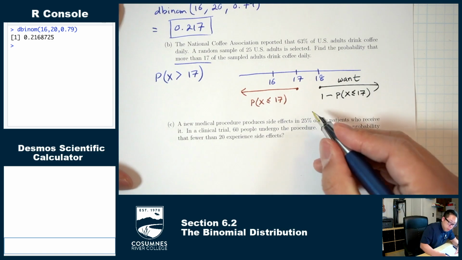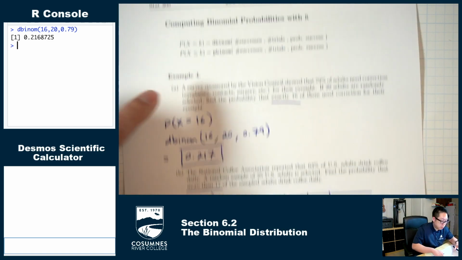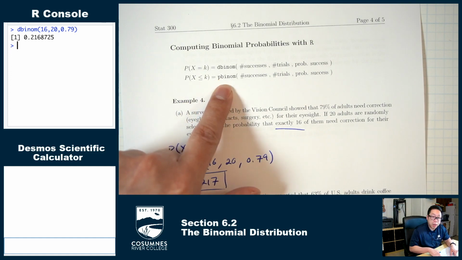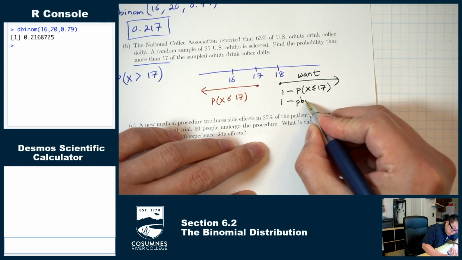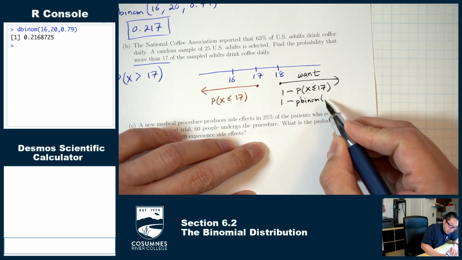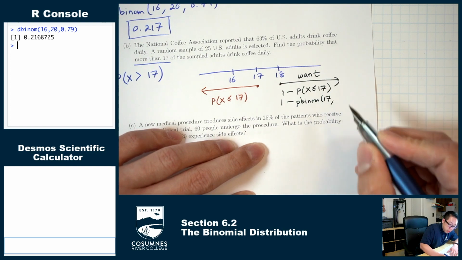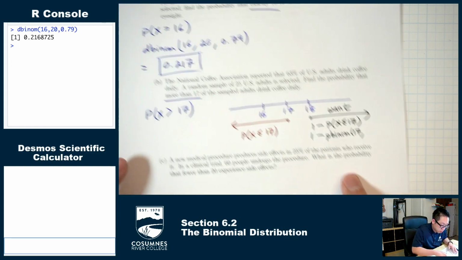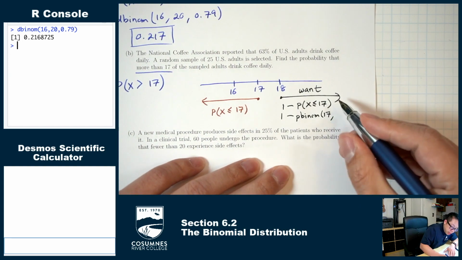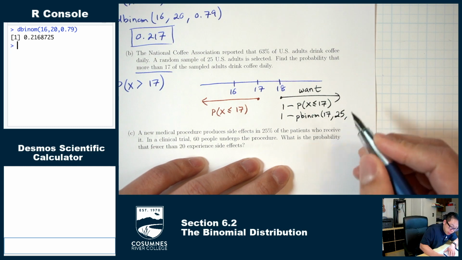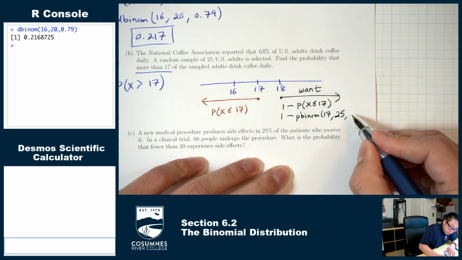So I need to type in 1 minus. Okay, this part, less than or equal to 17, is a pbinom. Right, so pbinom: the number of successes is this number here, so that's 17. The number of trials, the total number of people here, so it should be the bigger number, it's 25. And then the probability of success as a decimal is going to be 0.63.